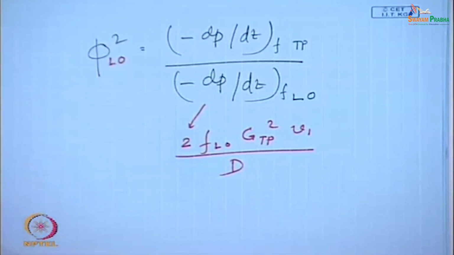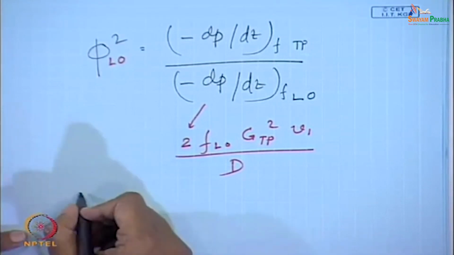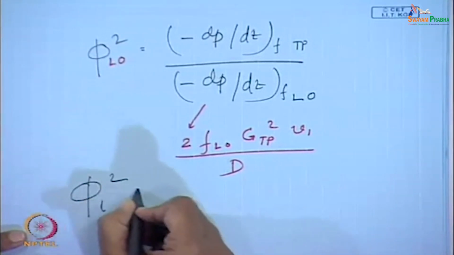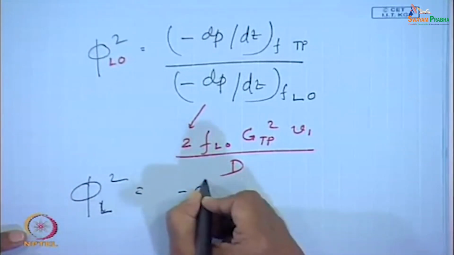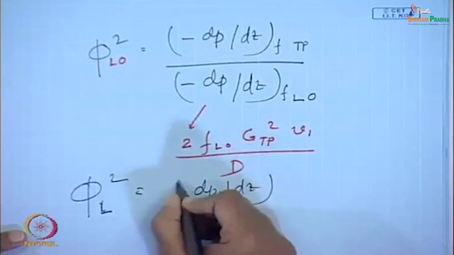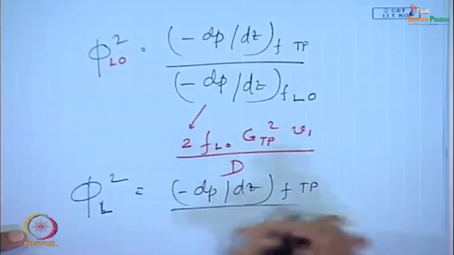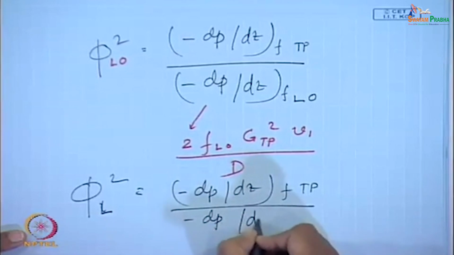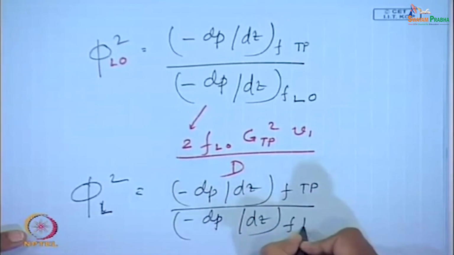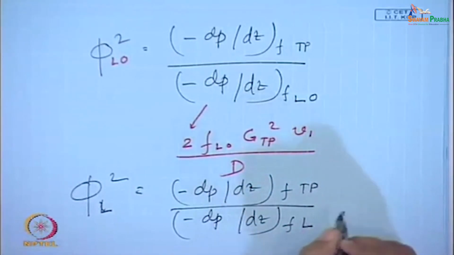There can be another correction factor which we can define as phi L square, which is defined as the two phase frictional pressure gradient by the frictional pressure gradient when the liquid which was there in the pipe now flows alone. Do you get the point?